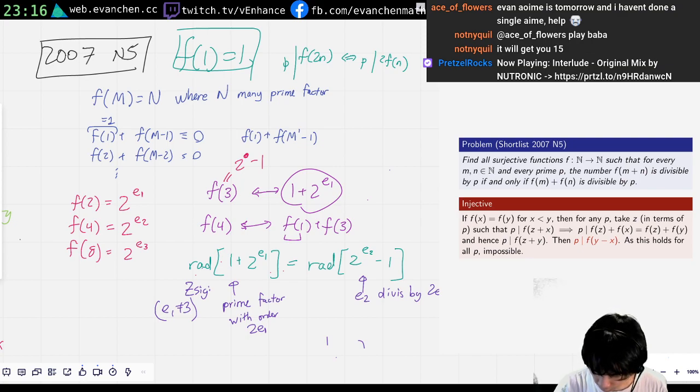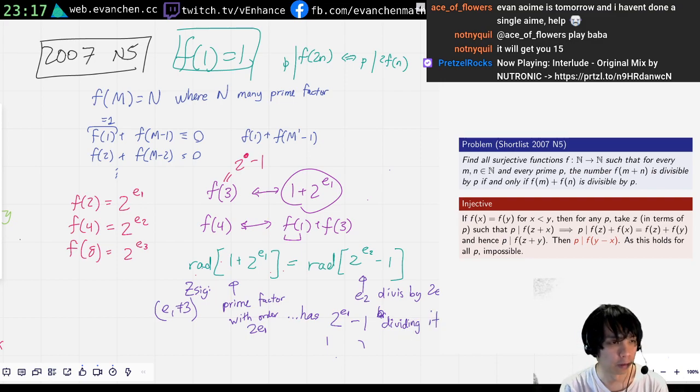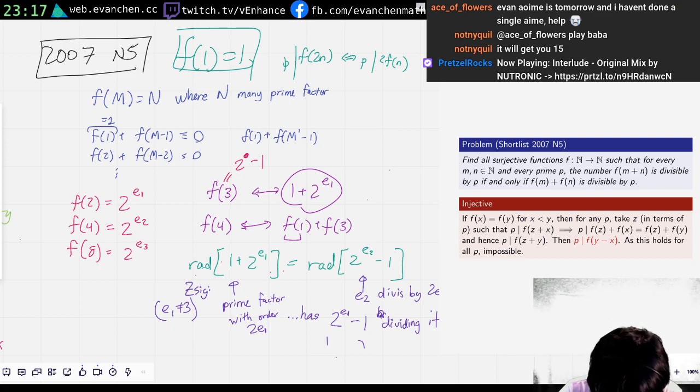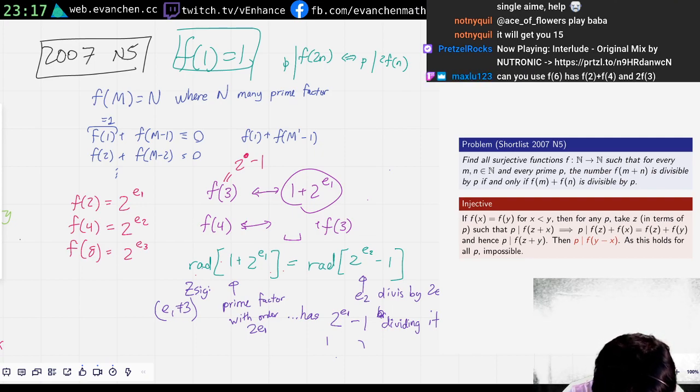So in particular, there's some prime factor of 2 to the e1 minus 1, so it has a 2 to the e1 minus 1 dividing it. But that's really bad because that will generate some new prime factors, right? Sorry, I shouldn't write e2 here. I should just write e star. It's not e2. I misspoke.